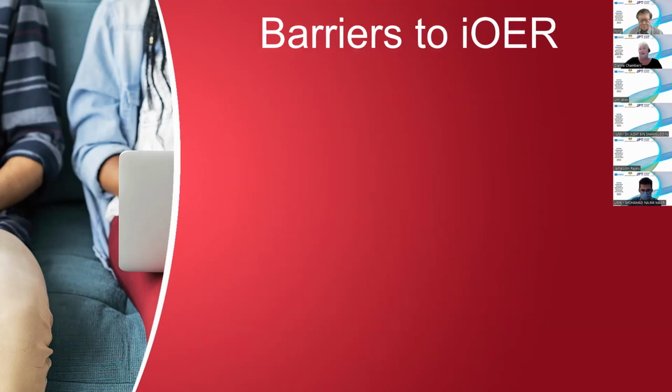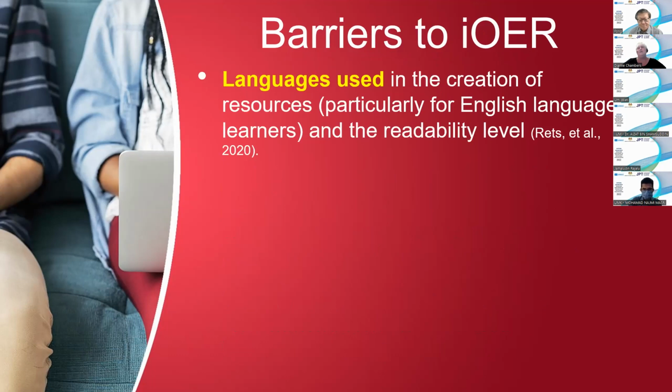When we look at some of the barriers to inclusive open education resources, research is quite strong on these. One of the things is the languages used. Particularly if we've got English language learners and we're using English-based materials, that can be quite difficult for them. So it can be a barrier for them to learn effectively.